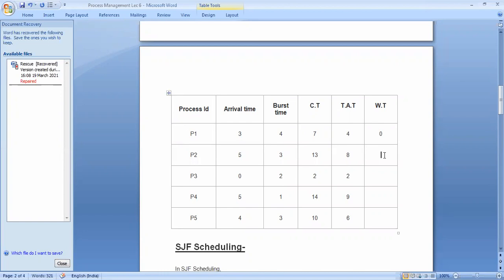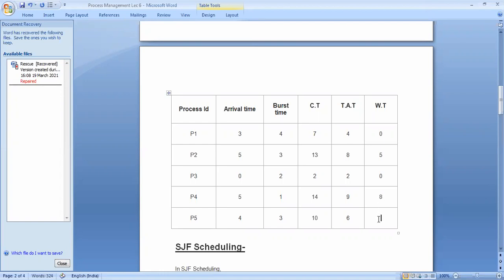Next, 8 minus 3 means 5. Then P3 process turnaround time 2 and burst time is 2, that means 0. Next 9 minus 1, 8.